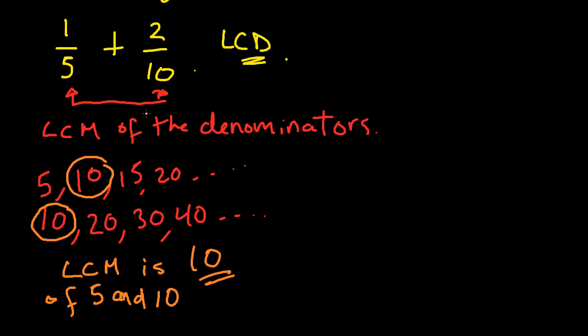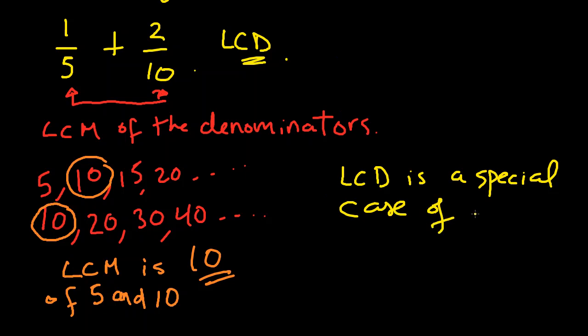So essentially, the lowest common denominator is a special case of the lowest common multiple.